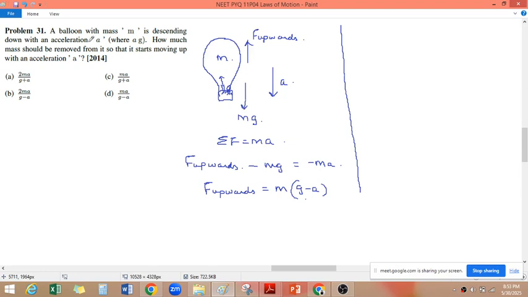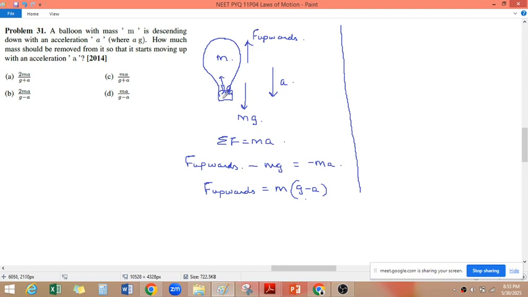Now read the question. How much mass should be removed from it so that it starts moving up with an acceleration a? So that means this is what is actually pulling it down, which means the mass is very high. That means I will say, okay, some of you get down. So I will say 2 or 3 people, I can push them out. Well, I'm just joking. You cannot push them out if you are at a higher height.